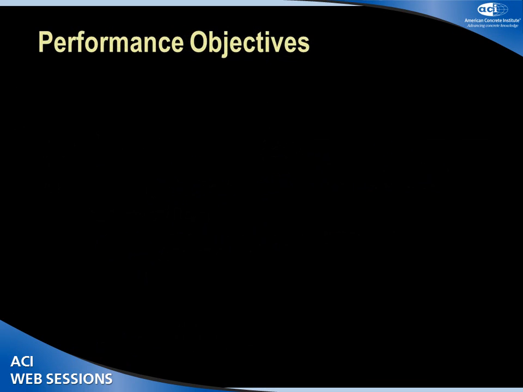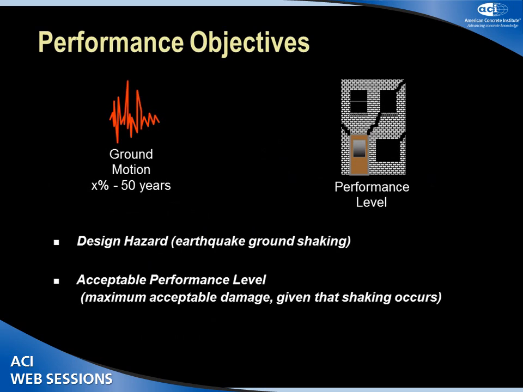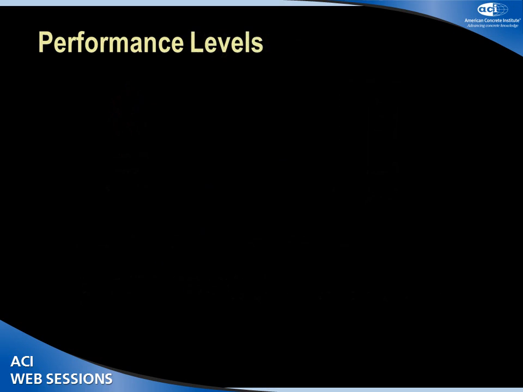Performance objectives, again, are similar in most all countries, that under this frequent ground motion, 50 years in most, 500 in China, we're trying to have an acceptable performance level that allows serviceability of the building.